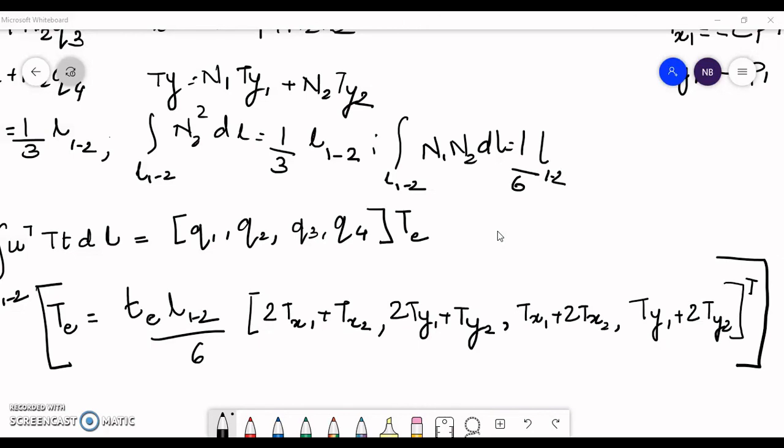So this formula will be used to solve problems which are two-dimensional plates subjected to traction forces. So in this lecture we have covered how to use the body force term and the traction force term and how they add up to the global load vector F.